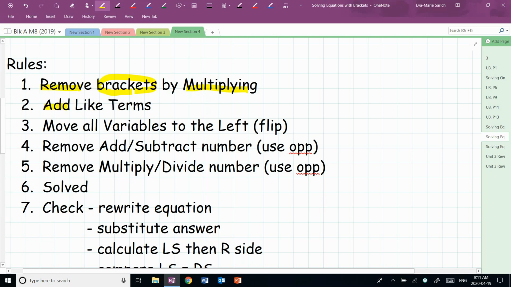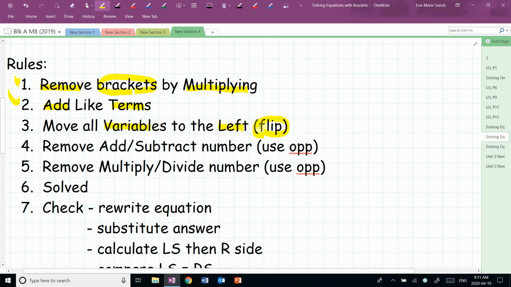Then you're going to add like terms, and again, we just practiced that in distribution. So those are the 2 skills that we're looking to do first if we have a bracket. Then we need to continue to solve, so we're going to move the variables to the left.